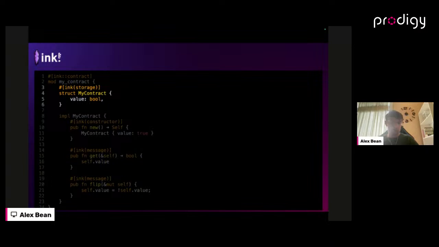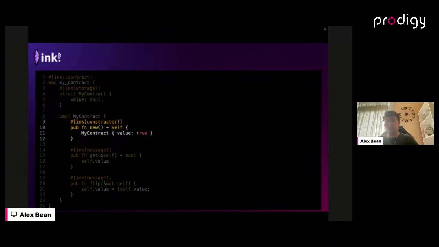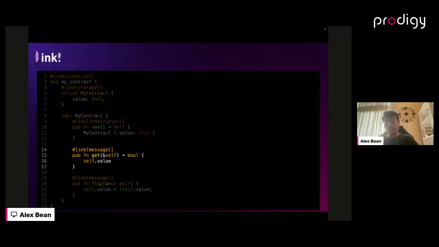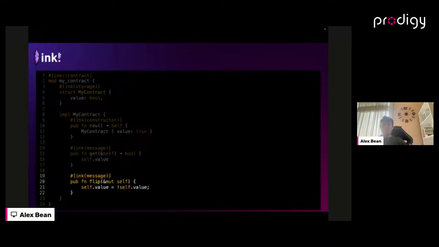Then we have a constructor, like in other smart contract languages like Solidity, that basically initializes a value of this storage. And then we have messages, which are a way for users to get the information from this storage or modify the state of the smart contract, modify a value inside the storage of the smart contract.